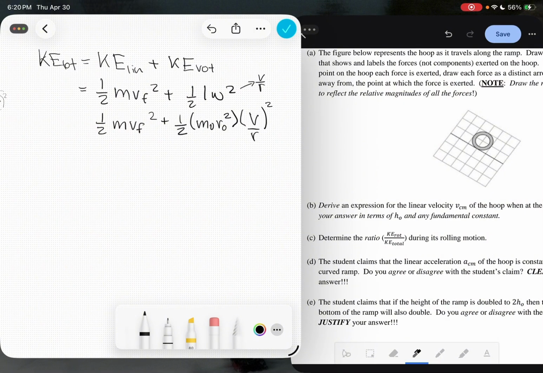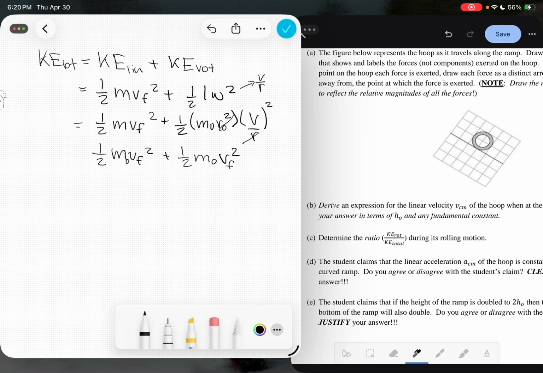And I'm gonna cancel out this R, and it's gonna give me 1/2 MVF squared plus 1/2 M naught V squared. And this is VF. And this is VM naught.